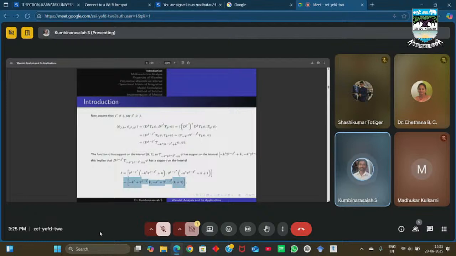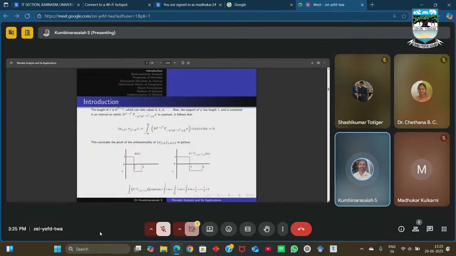The support of the Haar wavelet is [0, 1], and the support of this newly obtained function is this. Therefore, the length of this newly obtained interval I is 2 power j prime minus j, which can take the values 2, 4, 8, that means 2^1, 2^2, 2^3, 2^4, and so on.